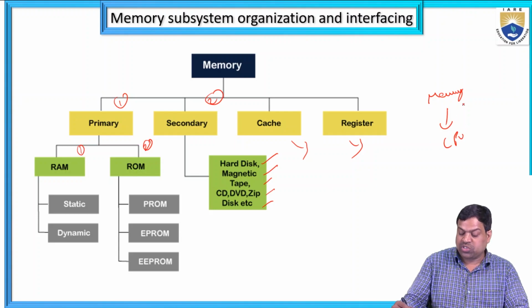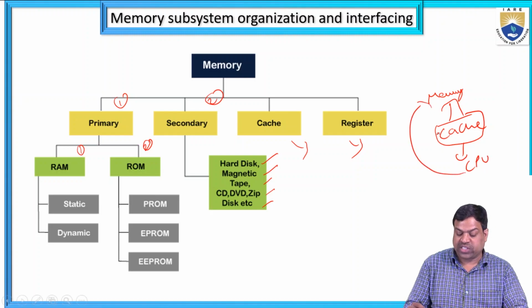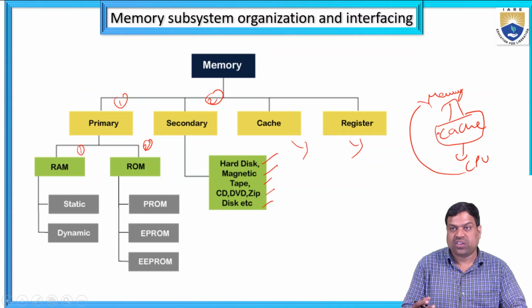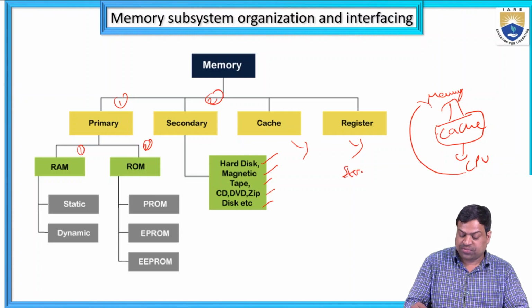Suppose the CPU is very slow and I have to access data fast. Between the CPU and memory, I will use cache for fast access, reducing the time. And the registers store the data.